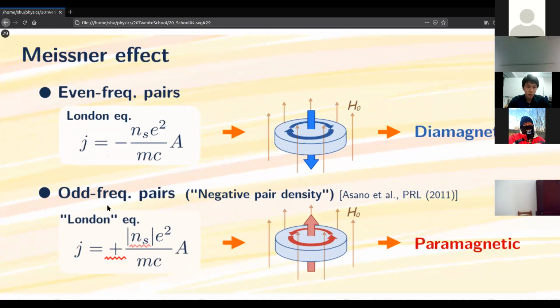However, the odd frequency pair has the negative pair density, which means that the London equation is modified as shown here. So the supercurrent can flow in the opposite direction compared with the usual even frequency pairing case. In this case, the supercurrent can enhance the external magnetic field, so the odd frequency pair is like paramagnetic against the external field.